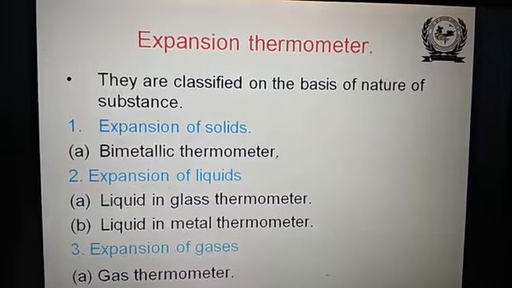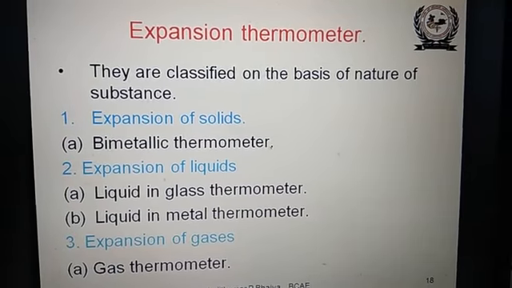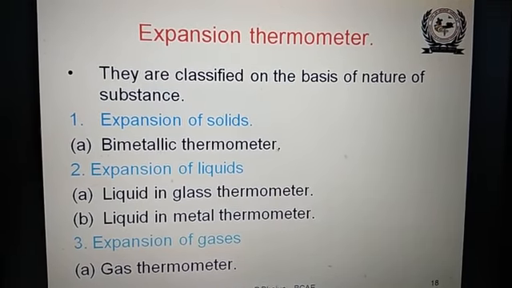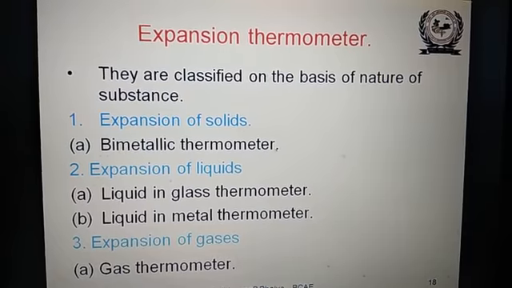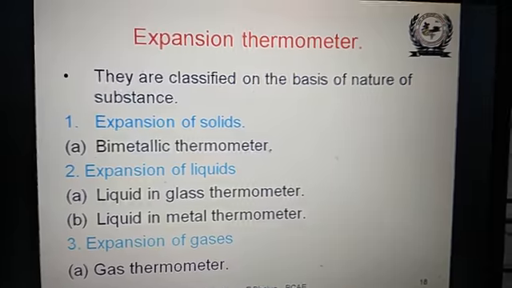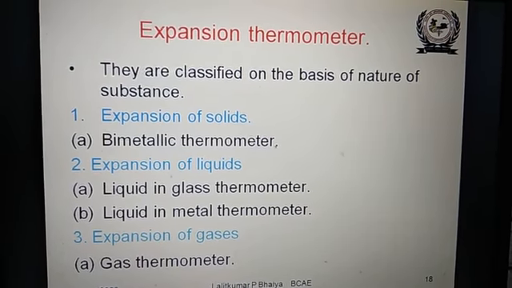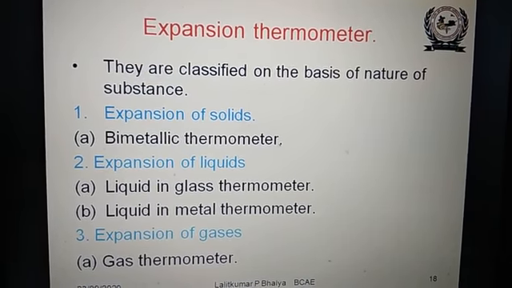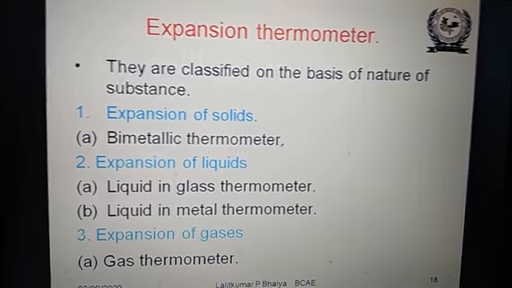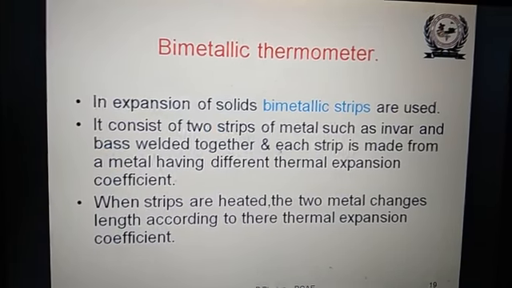Now we have to study the pyrometers also. Expansion of solids, that is bimetallic thermometer and spiral bimetallic thermometers. Expansion of liquids, liquid in glass thermometer, liquid in metal thermometer, and gas thermometers.